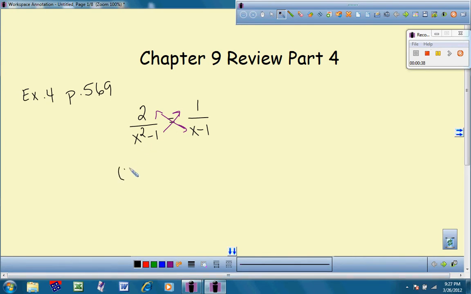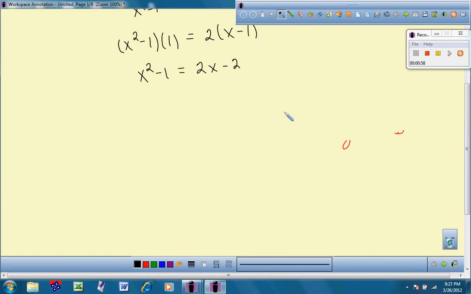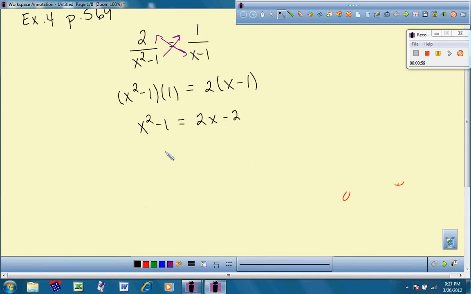Alright, so we would get x squared minus 1 times 1, set that equal to 2 times x minus 1. So on the left we get x squared minus 1, on the right we get 2x minus 2 after we distribute. Again, we're just going to shift everything over to the left.